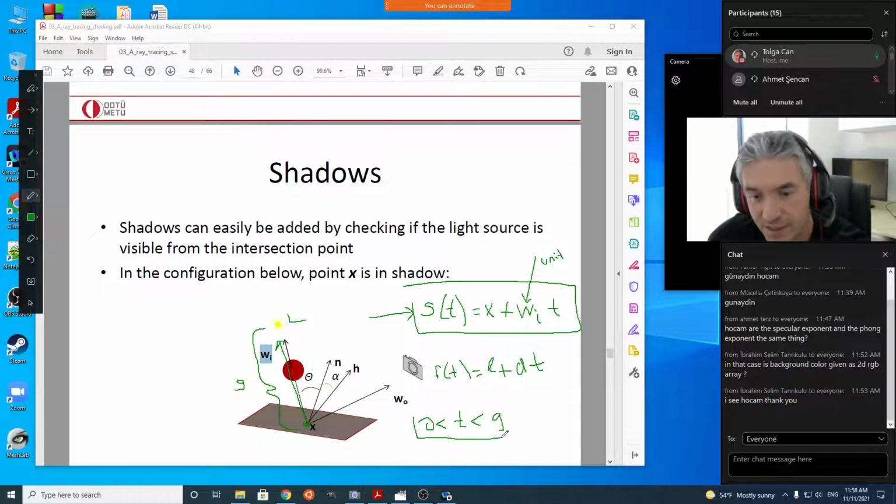It means the ray intersects an object at some t between 0 and G, where G is the distance from x to L.